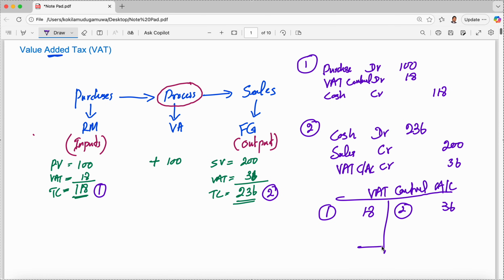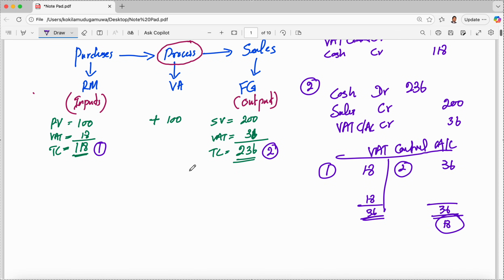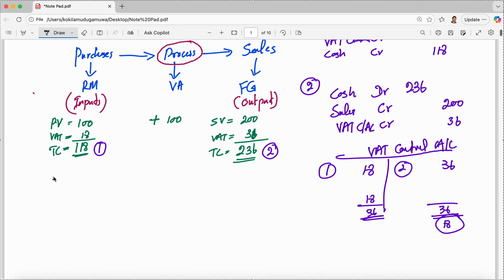Then the net payable to the Inland Revenue Department is 36 less 18, that is 18 as per the VAT control account. This is the same thing we record in the VAT return. If we create a VAT return or the VAT computation, usually we do the same thing.